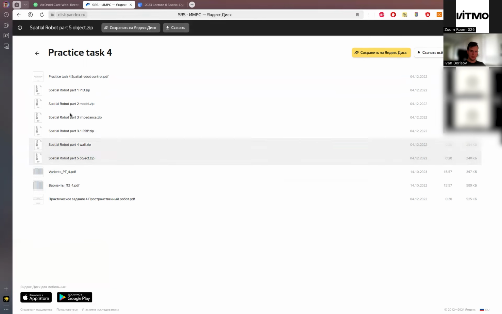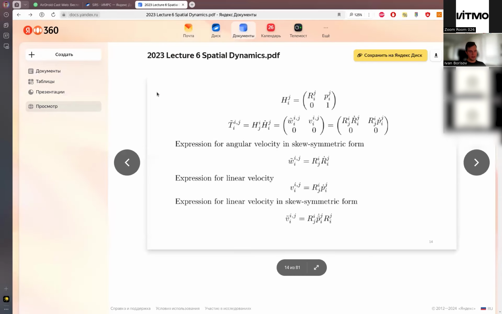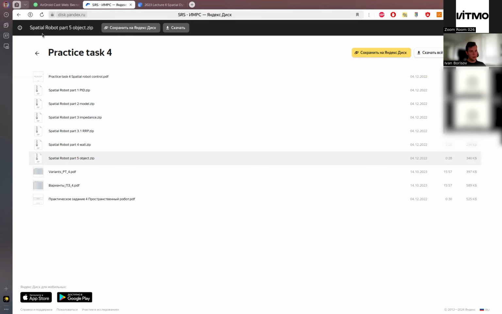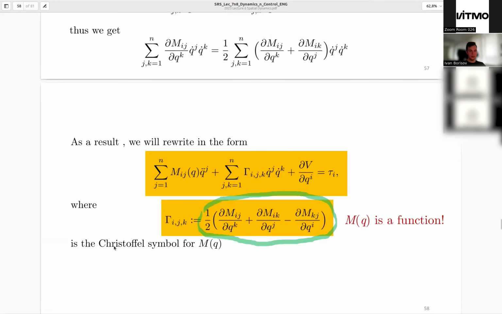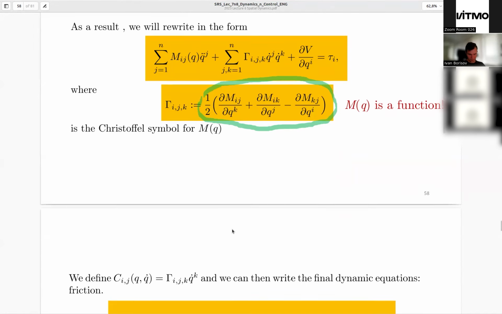It's a great script to understand how everything is derived. And there is a small script on how you can derive the C matrix if you know M. You can find it there. It's very simple, but it's done only for educational purposes. It's not efficient code for actual simulation, but it is great for understanding how it works.